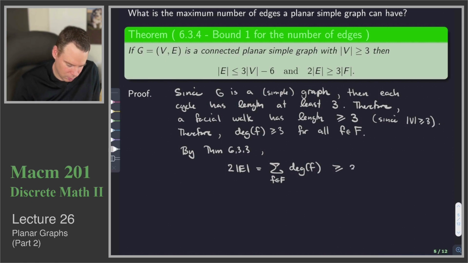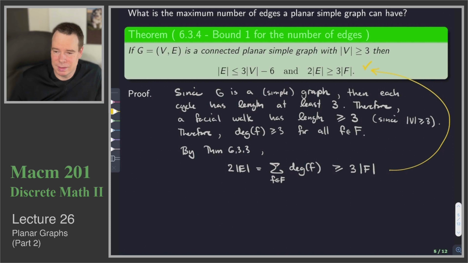So this is greater than or equal to 3 times the number of faces. It's worth noting that we've now proven that part. We got that second part of the conclusion of our theorem, that 2 times the size of the edge set is greater than or equal to 3 times the size of the face set. What else do we have?